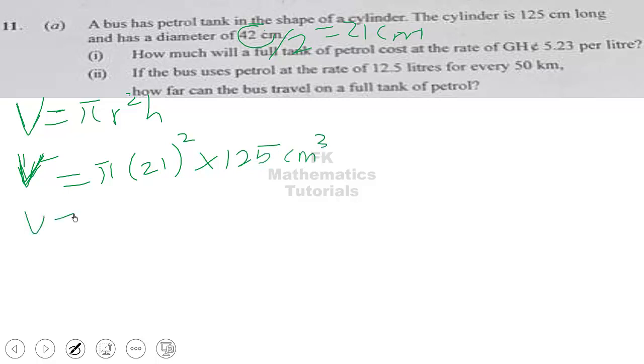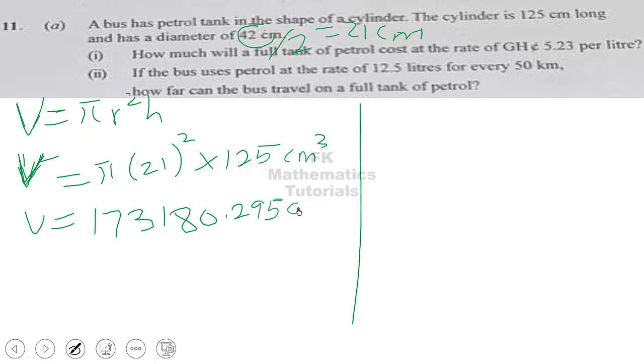So the volume is equal to this will give us 170.295. So I use the full value for pi.